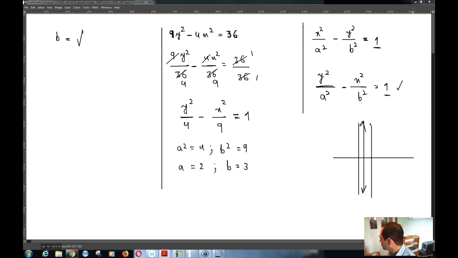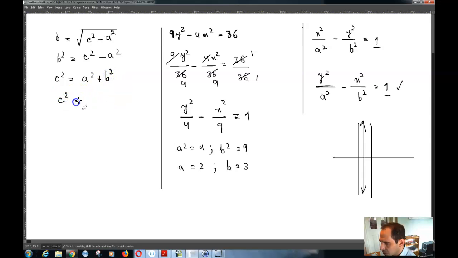Hyperbola. So we said that b was equal to the square root of c squared minus a squared. So that means that b squared is equal to c squared minus a squared, or c squared is equal to a squared plus b squared.